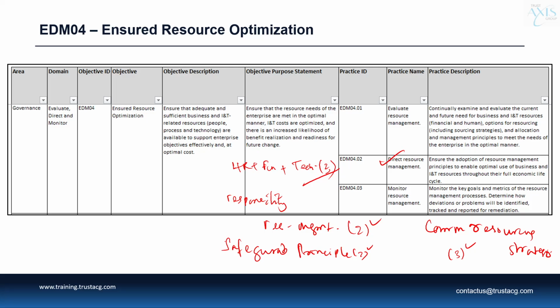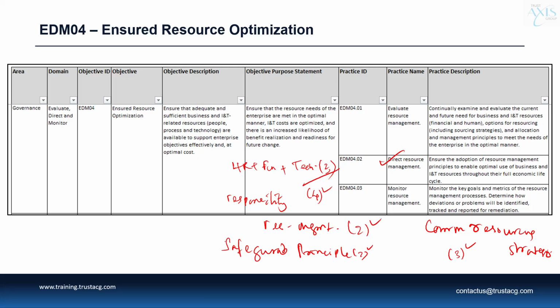Okay, so the other thing that you can do is define key metrics and goals, where you will need to establish measurable performance indicators for your resource management, like your cost efficiency, utilization rates, and capacity planning metrics. So this will provide governance visibility into whether resources are being optimized effectively, and because you are measuring it, it will elevate your maturity level to 4.